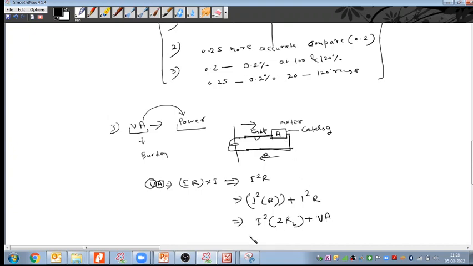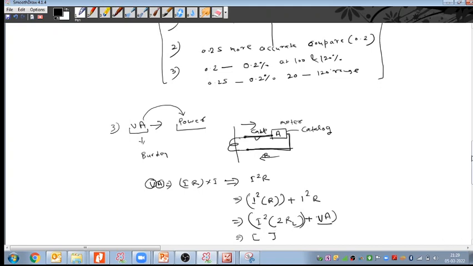We add both the powers and calculate how much burden is connected at the CT secondary side. So the CT burden should be more than the connected burden.